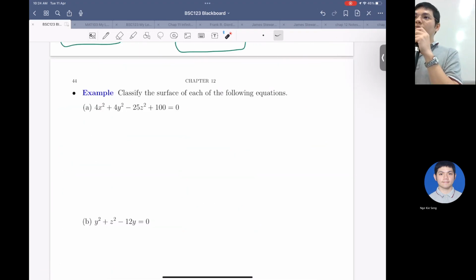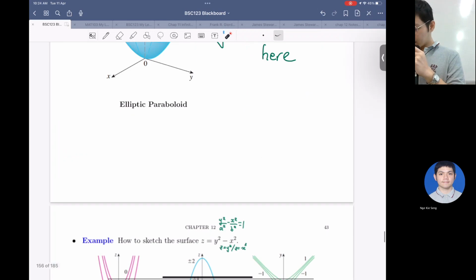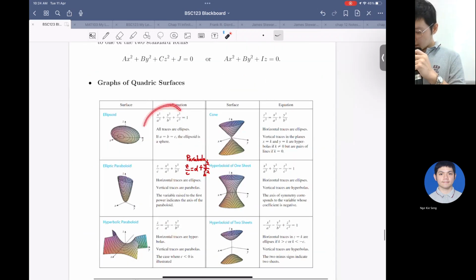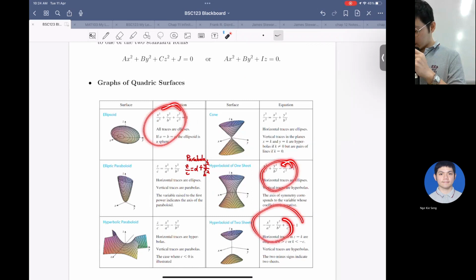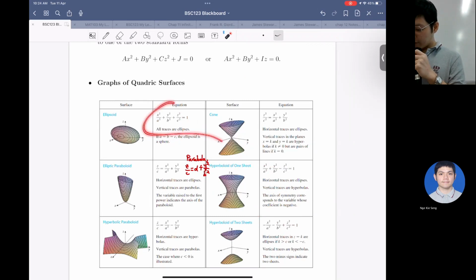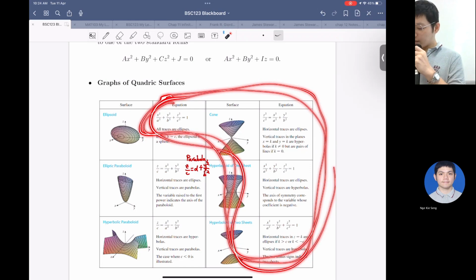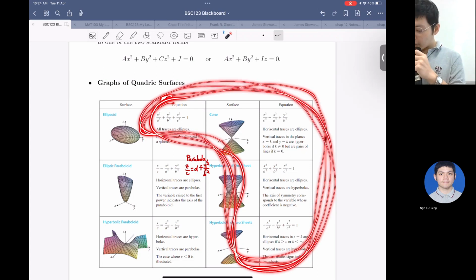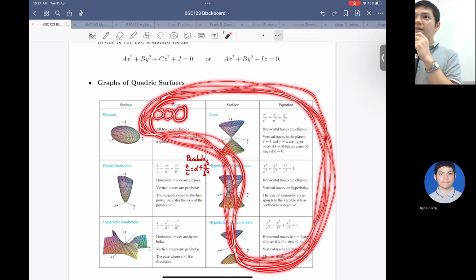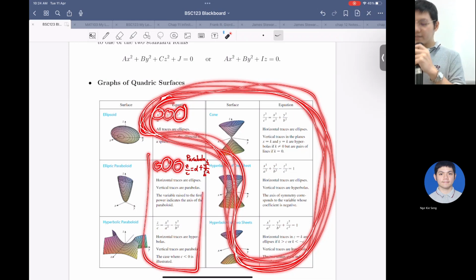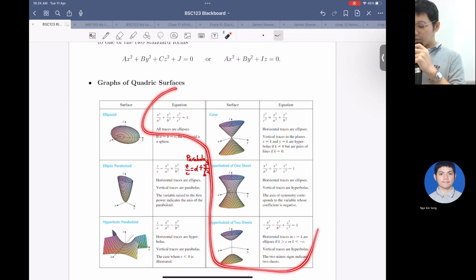So we need to make it equal to 1. It is either 1 of these 4, because these 4 consist of x squared, y squared, and z squared. So if it is x squared, y squared, z squared, it falls into these 4.